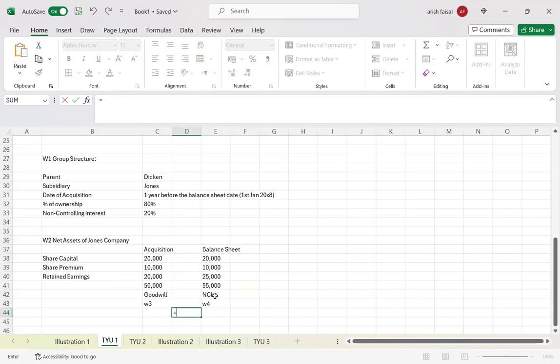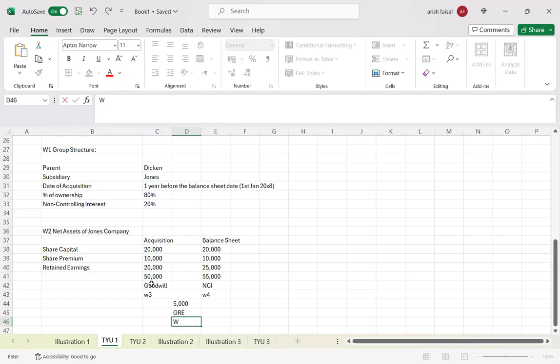So the difference, 55 minus 50, you get 5. This is relevant towards group retained earnings, which you will do in working number 5. If this working 2 is done correctly by you, there are more chances that your upcoming workings will also be done correctly.